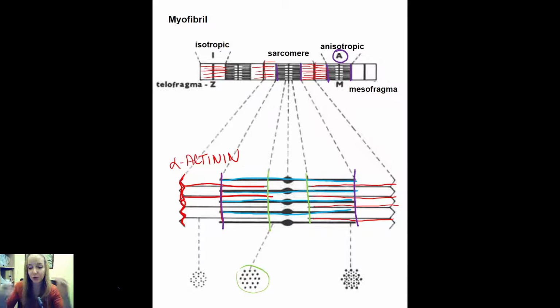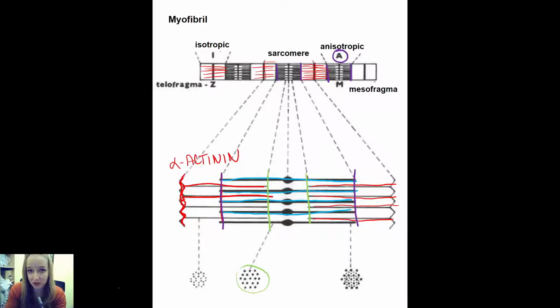So just remember right now, we have these bands. This light band in a light microscope is called the isotropic I band, and it only contains thin filaments, which are microfilaments connected to Z lines. Then we have this A band that is anisotropic and really dark in light microscopy.